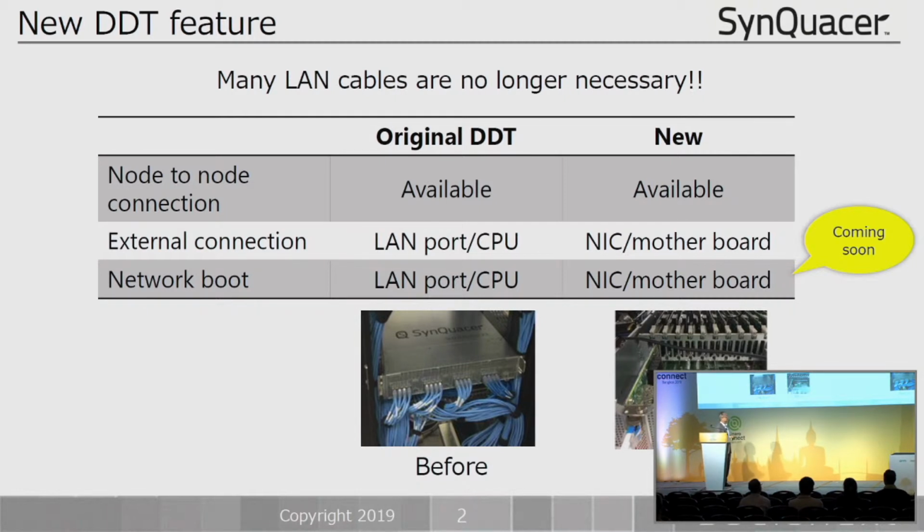Because of that, we made the internal connection available, but for all the other things like external connection, we expected people to use a LAN cable for each connecting to each CPU card. But some of the potential customers really do not like many cables in front of the panel, like the picture on the left side.